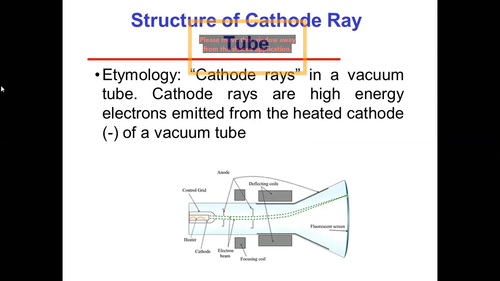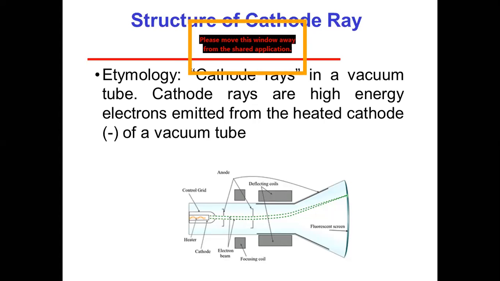Now, what is the etymology? Cathode rays in a vacuum tube. Cathode rays are high energy electrons emitted from the heated cathode of a vacuum tube. So here we can see the working of the CRT, how it works. There is a control grid and there is a heater. The heater heats this, and there is a control grid.